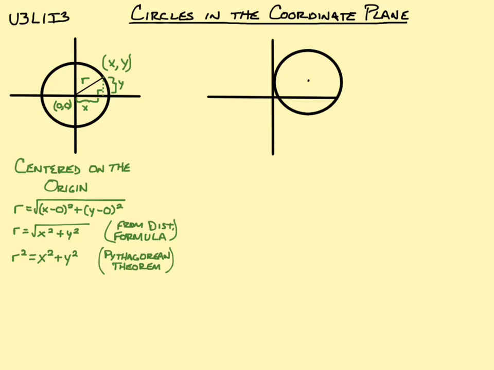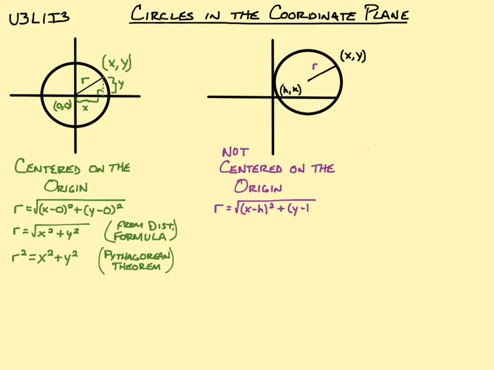Now, not all circles are going to be centered on the origin. Maybe we've got one centered off the origin, and we'll just say it has a center at (h, k). So we still have this radius here. We know we're not centered on the origin, and instead of having the minus zeros, we subtract the center of our circle, and we can come up with a formula for the circle: r equals the square root of (x minus h) squared plus (y minus k) squared.